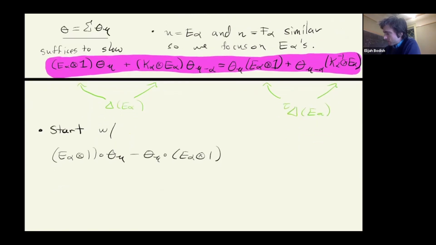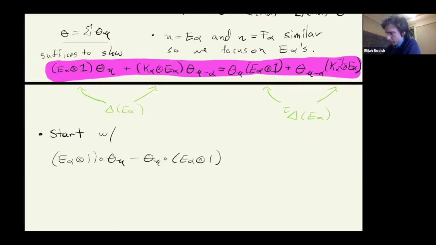And by definition, the theta mu's are sum over dual basis elements. So this is equal to, I sum, and I have E alpha times VI mu minus VI mu E alpha tensor UI mu.